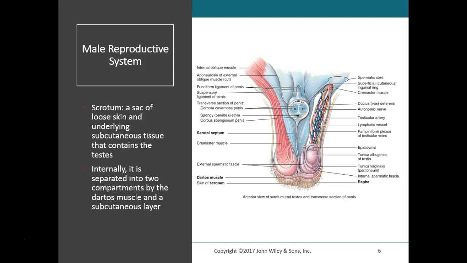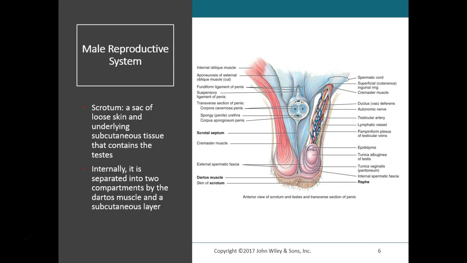The location of the scrotum and the contraction of the muscle fibers regulate the temperature of the testes. Normally, sperm production occurs best at about 2 to 3 degrees Celsius below normal body temperature. This lower temperature is maintained within the scrotum because it's outside the pelvic cavity.